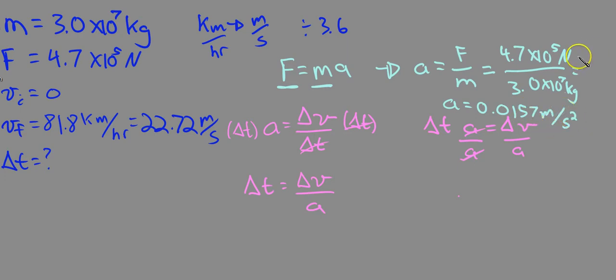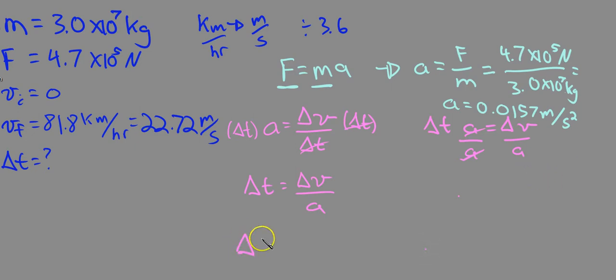Now we're dealing with a huge force, but an even huger mass, so this makes sense for a train acceleration. They get going incredibly slowly, so about 0.015 meters per second squared. That sounds about right. Now I'm going to take that number and plug it into this equation.